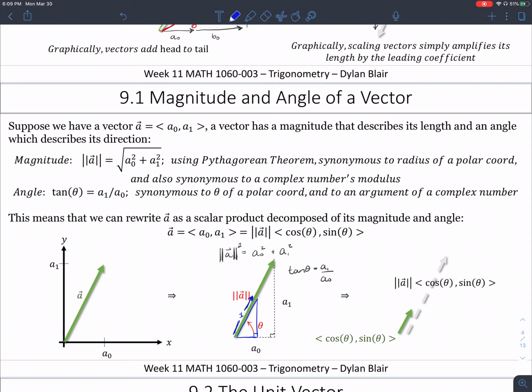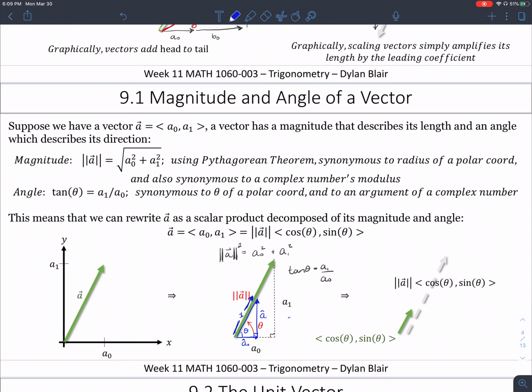Now it sounds kind of silly that we're decomposing it this way, but it's actually very useful in later slides when we go over some proofs. Okay, but then we can define, say, a naught hat and a1 hat, such that theta is related to this a naught hat and a1 hat as our horizontal and vertical components, right?